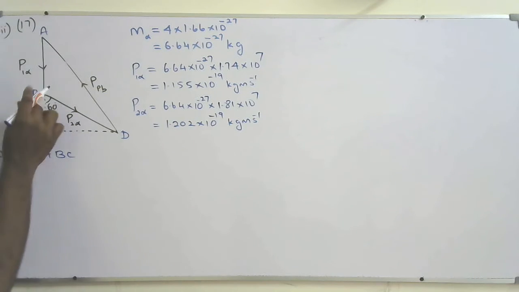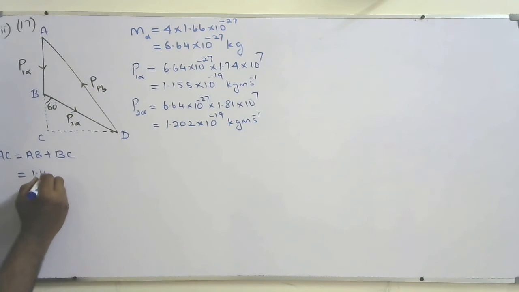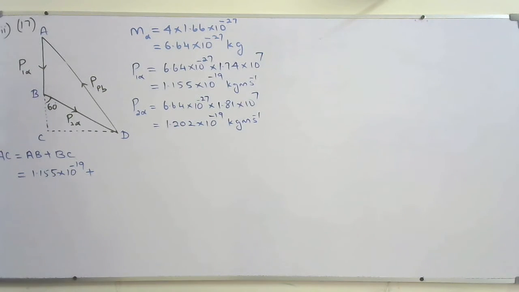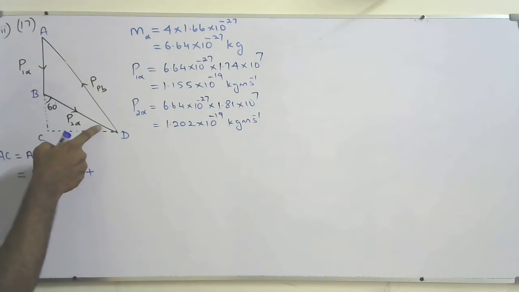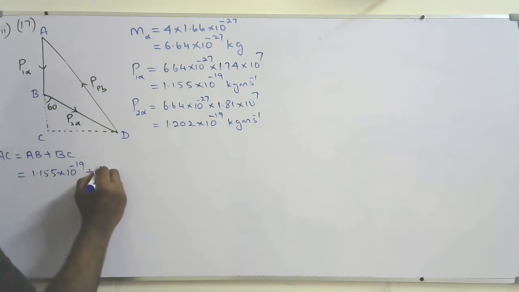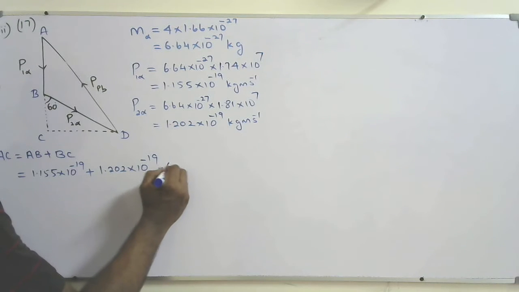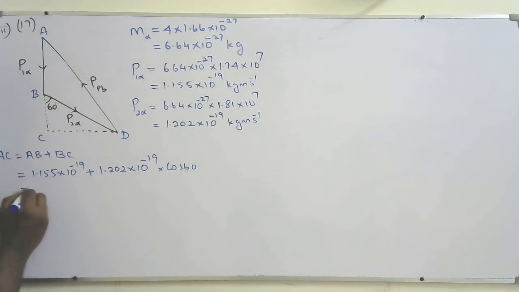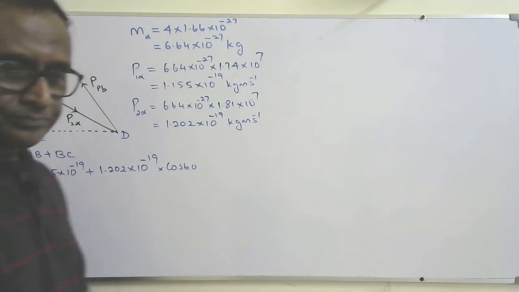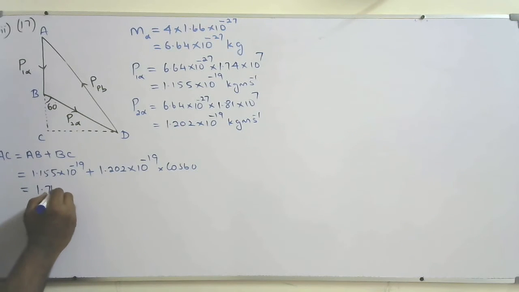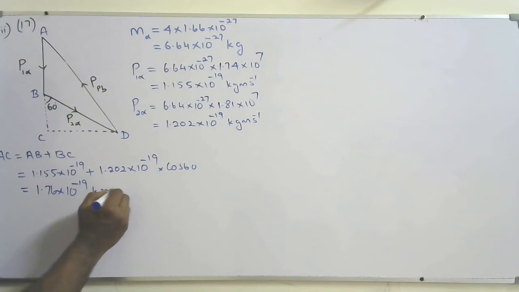The length AB is the first alpha, 1.155 × 10^-19, plus BC, which is P2 alpha cos 60. P2 alpha is 1.202 × 10^-19 times cos 60. That value will be 1.76 × 10^-19 kilogram meter per second.